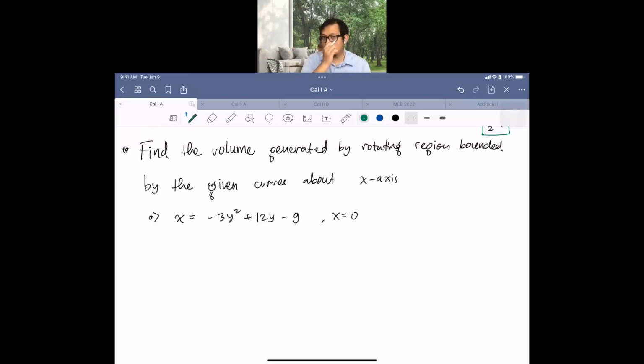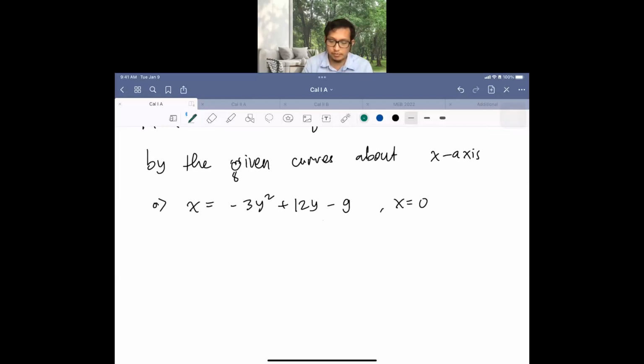Okay. So first of all, we could draw the graph. How do we graph this? This negative 3y squared plus 12y minus 9. First of all, we could simplify it and find the roots.